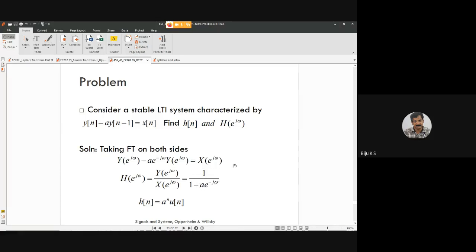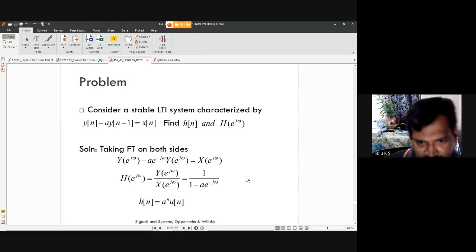Like that you can calculate from this H of e raised to j omega.